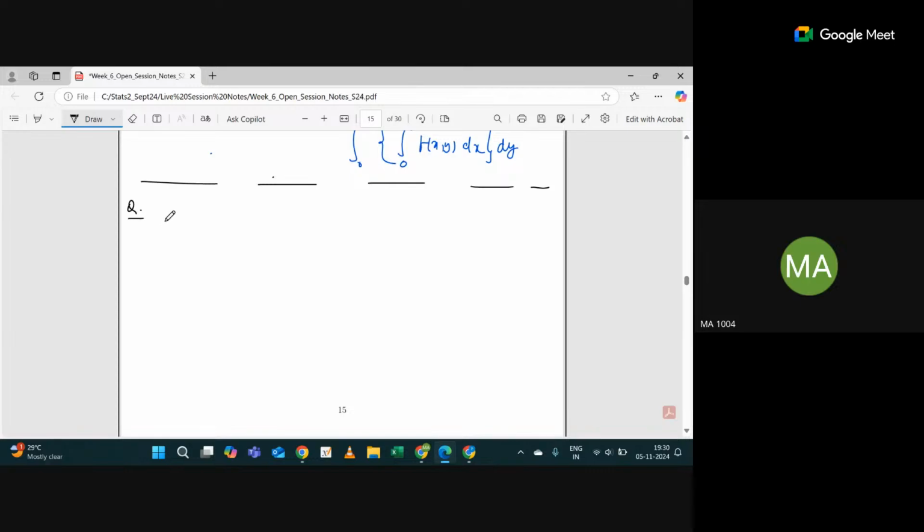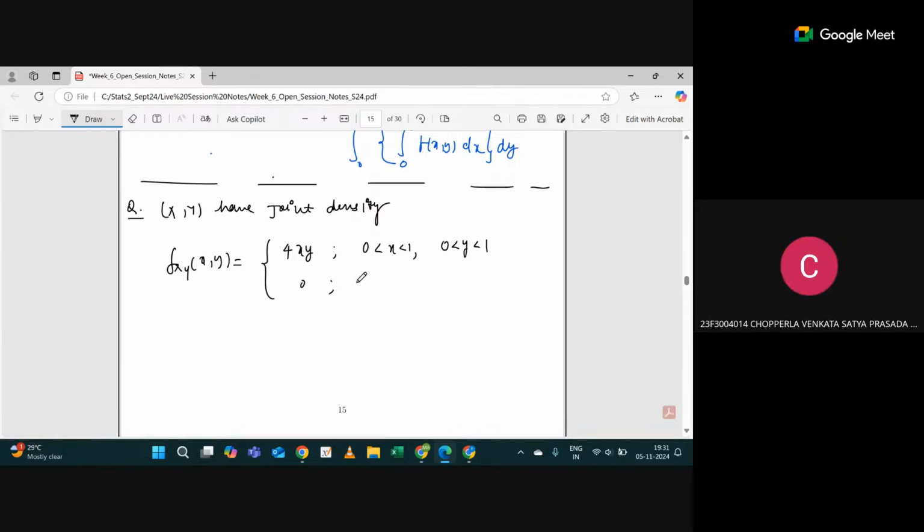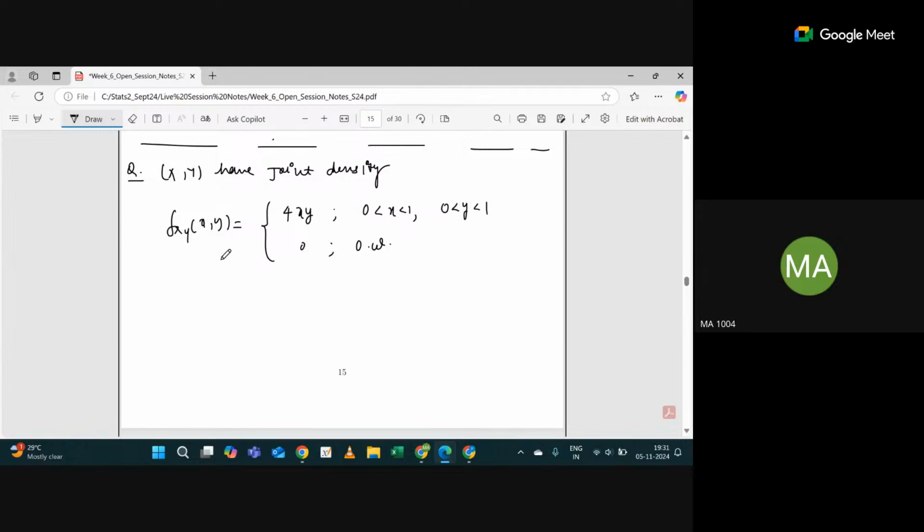Suppose x, y have joint density f(x,y) equal to 4xy, where limits of x are 0 to 1 and limits of y are 0 to 1, and 0 otherwise. Now let me ask you the question. The question is the same, just a change of PDF so that you can get a clear idea.